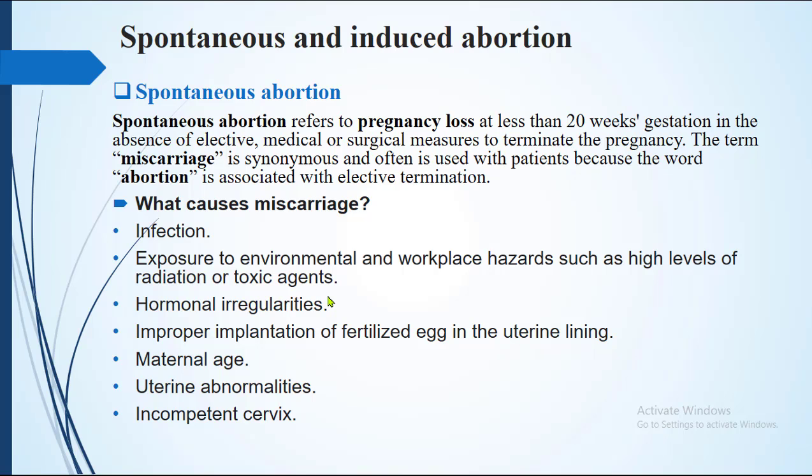At that time there was a nuclear war, and due to those nuclear radiations, different pregnant women lost their pregnancy, and many of them gave birth to abnormal children. So these environmental hazards are one of the most common causes of miscarriage.